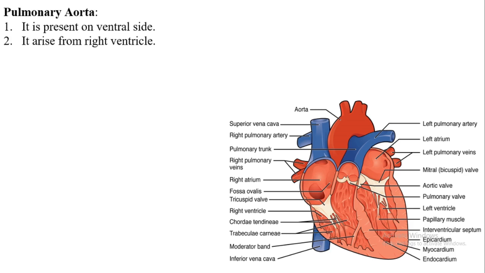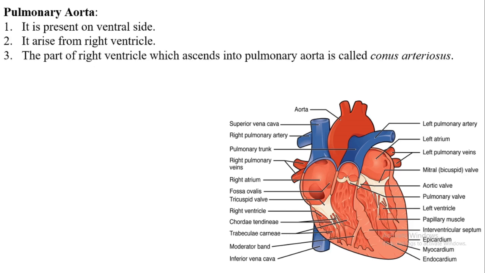The part of the right ventricle from where this pulmonary aorta arises is called the conus arteriosus. So the region that is the starting point of the pulmonary aorta is called the conus arteriosus.